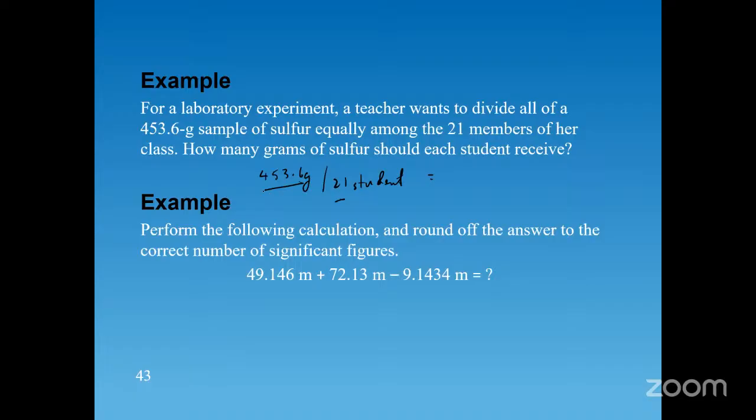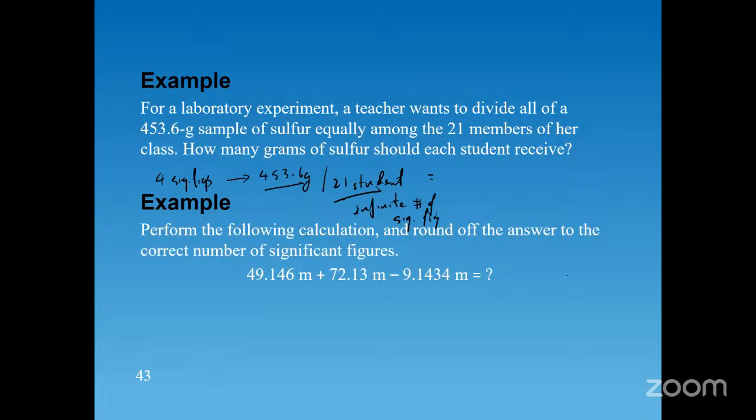So because this is measured, this has 4 sig figs, and because this is exact, this has an infinite number of sig figs. So what does that mean for the final answer? To what extent would you round off the final answer? Exactly. Whatever answer you get on the calculator, you have to round off to 4 sig figs. So I'm going to take the 453.6 and divide it by 21.